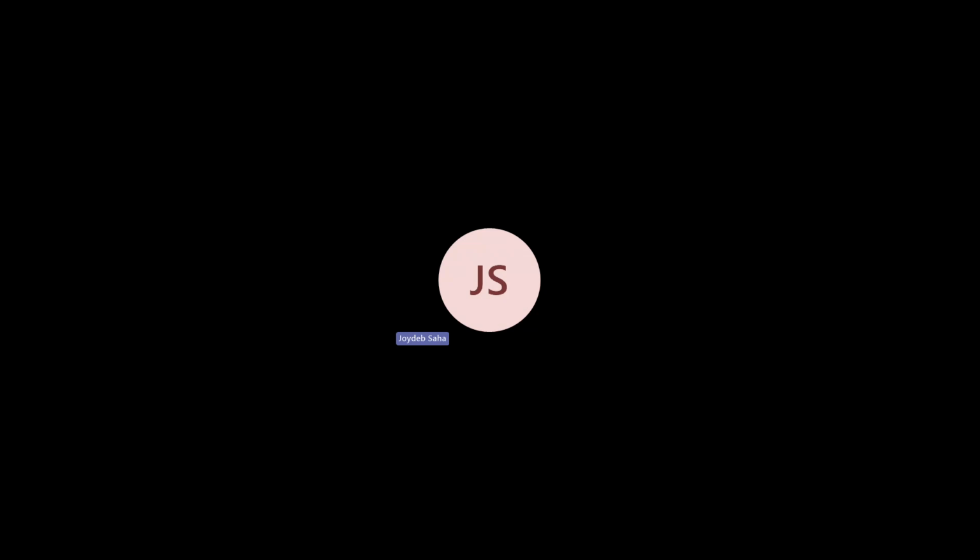So U(s) is the Laplace transform of u(t), that is 1 upon s.